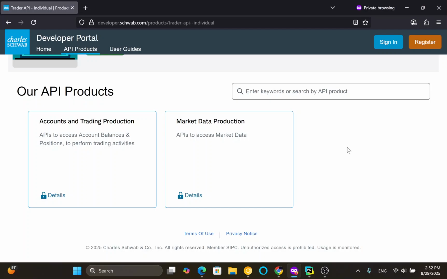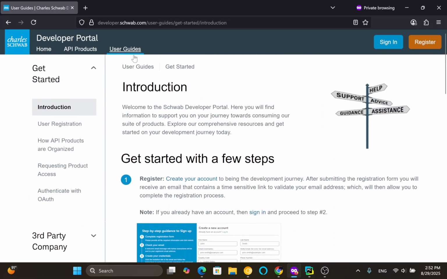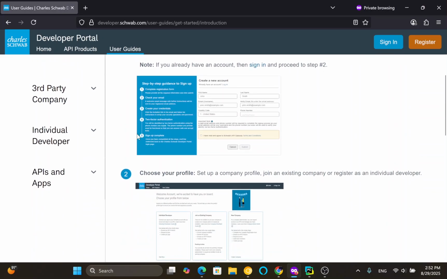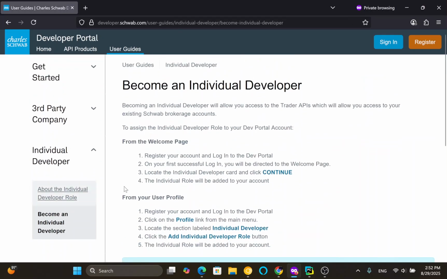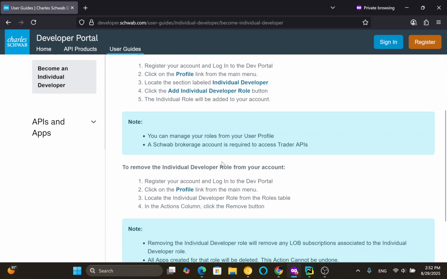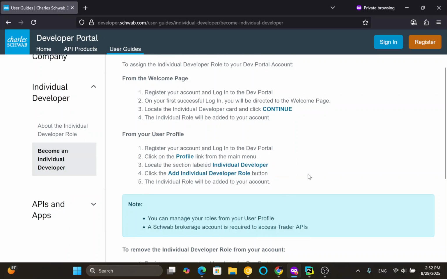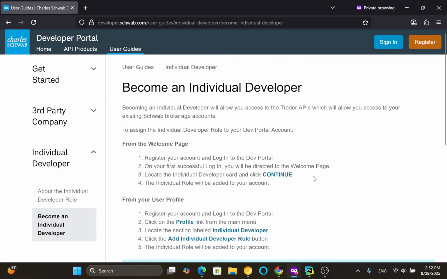For developer application registration, there are specific user guides designated for registering as an individual developer. It's pretty user friendly and easy to get what you want to get.